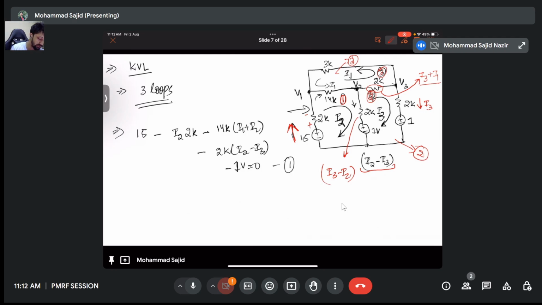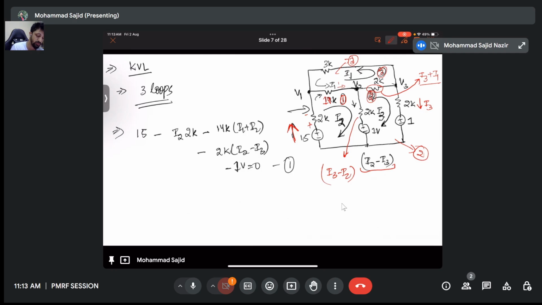So it will be 15 minus I2 times 2K. This is 2 kilo ohm. And then see here in the 14K resistor, what is the current flowing due to this loop? I2. And what is the current flowing in this loop? This is I1, right? So this will be I2 plus I1. That's why the drop is minus 14K times (I1 plus I2), right?